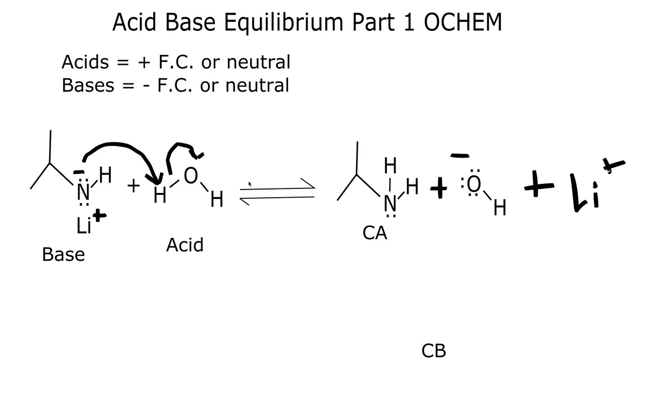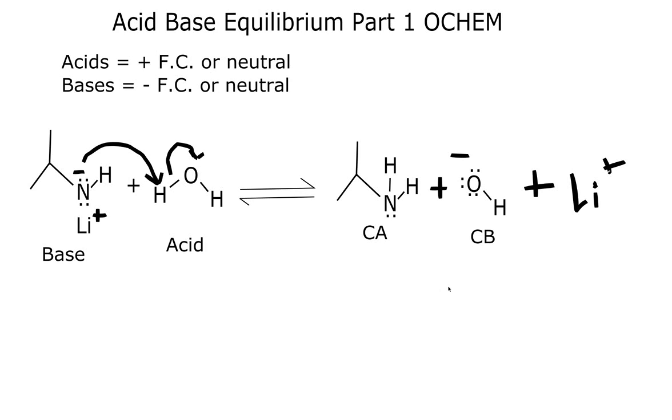And our conjugate base is the molecule that lost a proton. And this molecule right here lost that proton. So our hydroxide anion is our conjugate base. This lithium, if you want to know what it's called, I think we just call those spectator ions. So we don't really have to worry about those. We're just focusing on our acid, base, conjugate acid, and conjugate base.